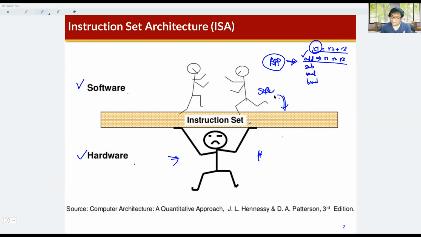So that means software engineers actually do not know how hardware works. The only important thing is the result of instructions. If R1 is correct, then that's okay.